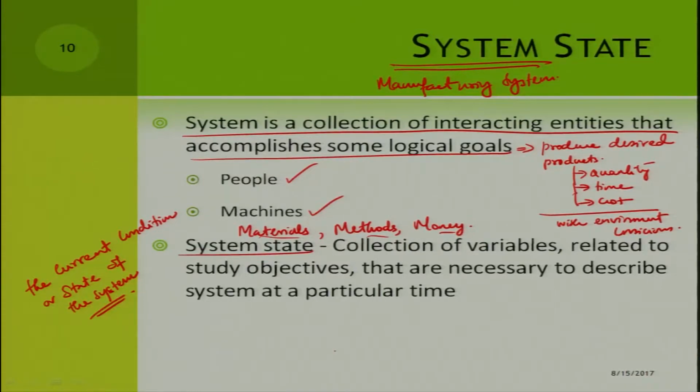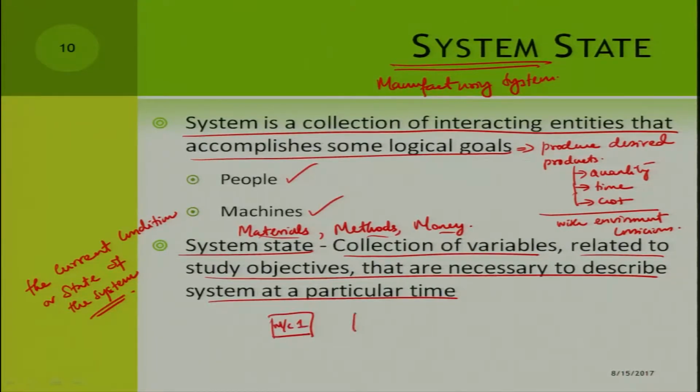So when you say the current state or the condition of the system, it's a collection of variables related to the study objectives that are necessary to describe the system state at a particular time. Let's say you think about a system in which you have 3 machines, machine 1, machine 2, machine 3, and parts flow through the system. You have your input, you have your output.